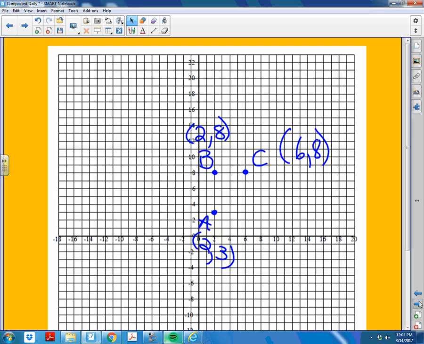Now, you should have a cross on your white paper. Perfect. Now, here's what you are going to do. You are going to take just the white piece of paper, not your coordinate grid, and rotate it 90 degrees.